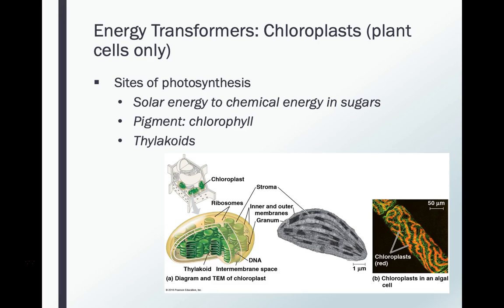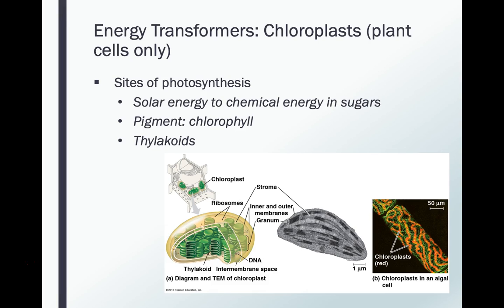We also have the chloroplasts. These are found in plant cells. Mitochondria are found in all eukaryotic cells, plant and animal. Chloroplasts are only found in plant cells and other cells that are doing photosynthesis. So the chloroplasts are really important because photosynthesis is the process that sort of drives all of the energy in our living organisms.